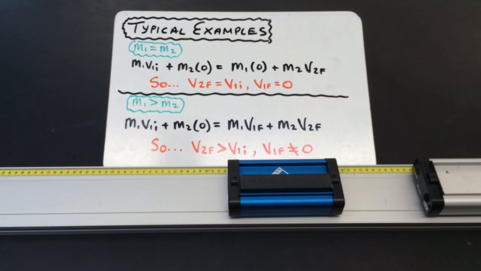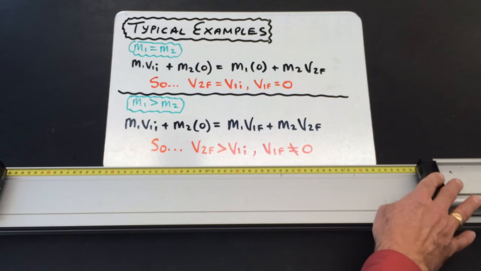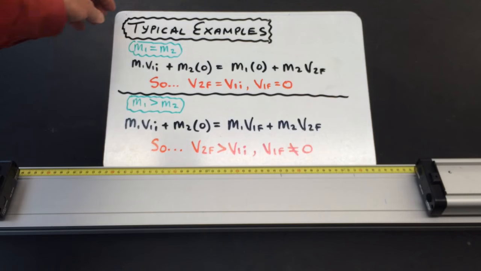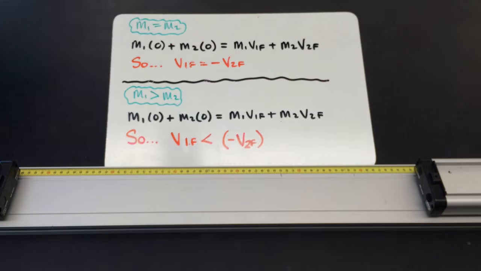The final velocity of object 2, the one that was initially stationary, is greater than the initial velocity of object 1. And another thing is object 1 does not come to a stop upon collision, so it retains some of its initial momentum. Of course, that all depends on the relative masses of the two objects, so you can calculate that if you know some of the numbers.